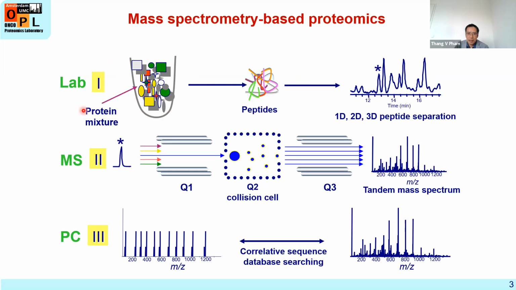In the second step, the selected peptides will go through the mass spectrometry and break down further. At the end of the process, we obtain a mass spectrum. Then using computer analysis, we can match the theoretical mass spectra against the experimental mass spectrum obtained, and then identify the peptide.